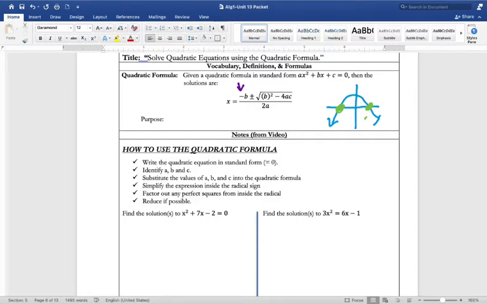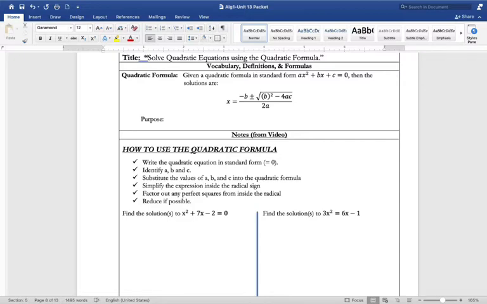You don't have to write this down, but it would be negative b plus the square root of b squared minus 4 times a times c over 2a. And the other answer would be negative b minus the square root of b squared minus 4 times a times c over 2a. So one answer is going to have a positive here, the other answer is going to have a negative. Okay?